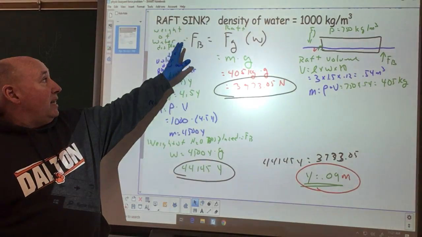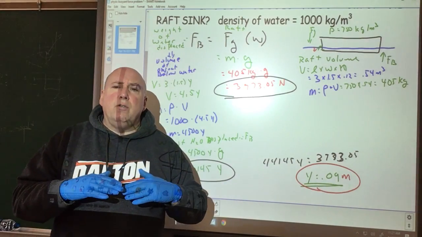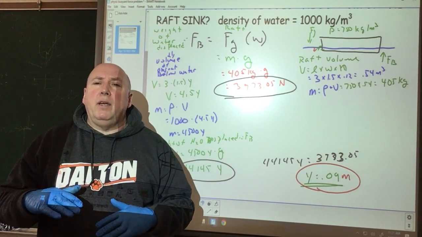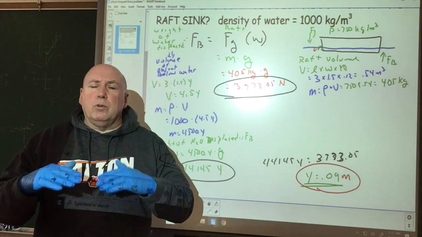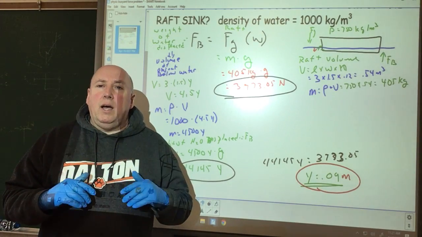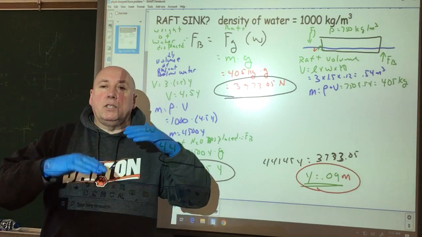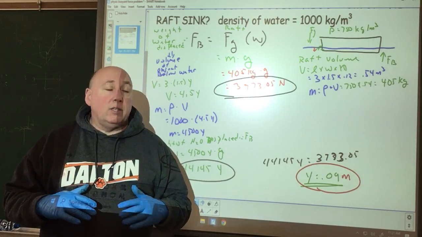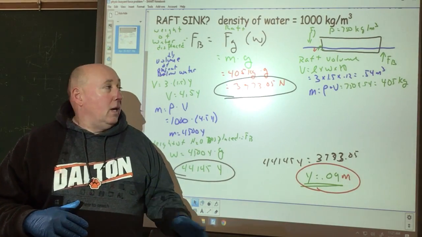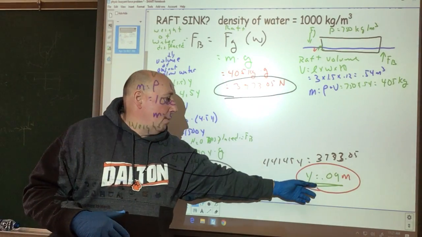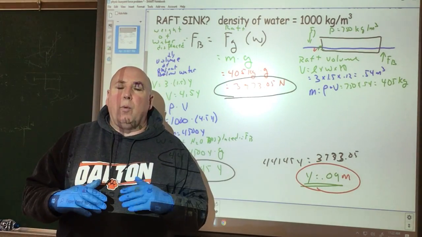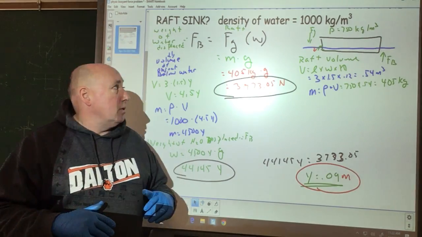Once again, the key idea here is when things float, that means the buoyant force is equal to the weight of the object, because that's the sum of the forces in the y direction, they have to be equal. And we can utilize that to come up with how far below the water surface the object goes.